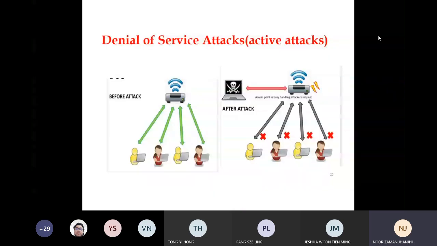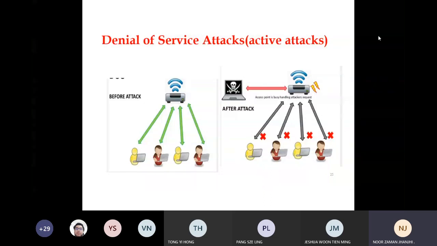Now for the DDoS attack, this figure is clearer for your understanding. Here there are 4 users. They have the capability and capacity to connect with the access point with the green lines, so they don't have any issue. They can connect whenever they have any transactions to do, and it is successful. But what happened after the attack? After the attack, the access point is kept busy by the DDoS attack.